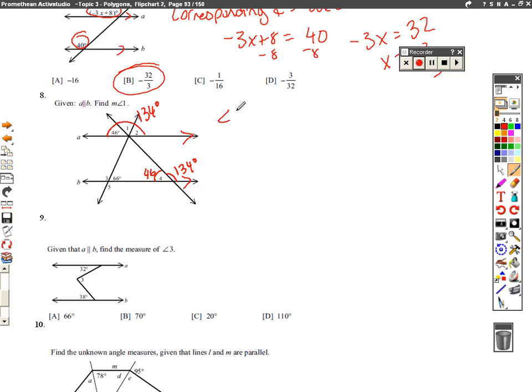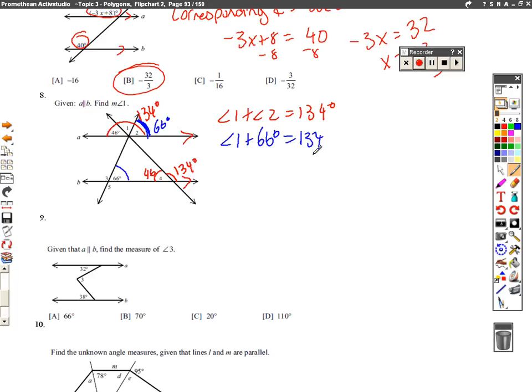So angle 1 plus angle 2 equals 134 degrees. Alright. We also know that since these lines are parallel, this angle 66 corresponds with this angle, angle 2. Which means they have the same measure. So angle 2 is 66 degrees. So now angle 1 plus 66 is 134.